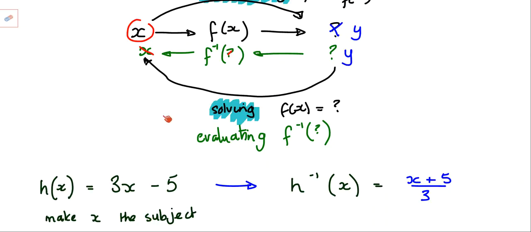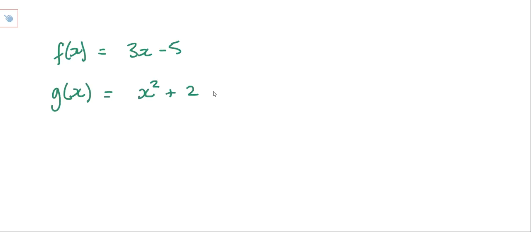So let me maybe try something a little bit different. If f of x equals 3x minus 5, g of x is x squared plus 2. I'm going to add something different. h of x is x plus 5 over 3.